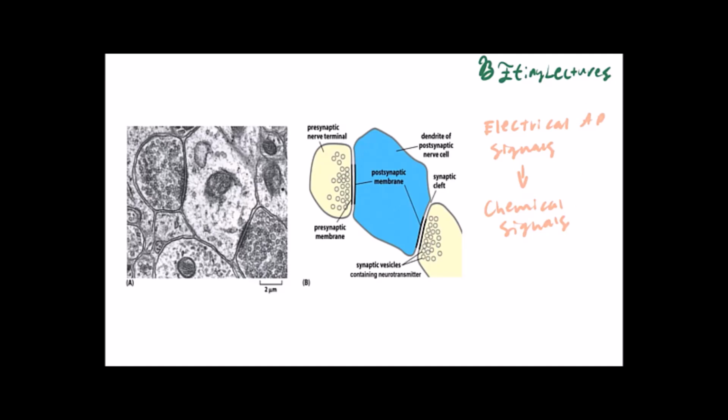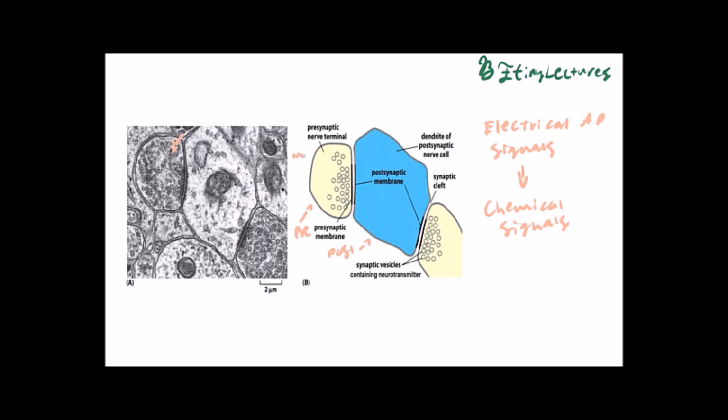So over here we have these vesicles, and these vesicles, as you can see right here, contain the neurotransmitters. So this is a postsynaptic membrane, and this is a presynaptic membrane. So this is pre, and this is post.